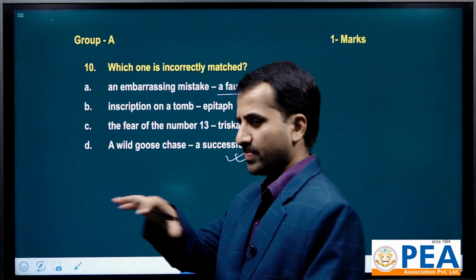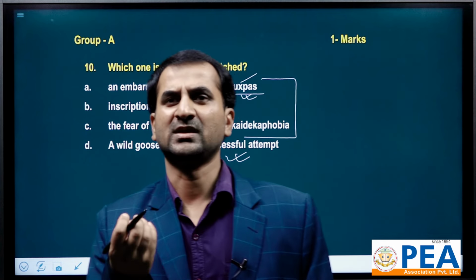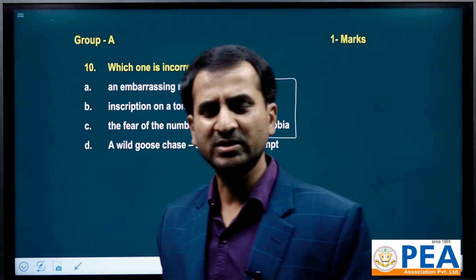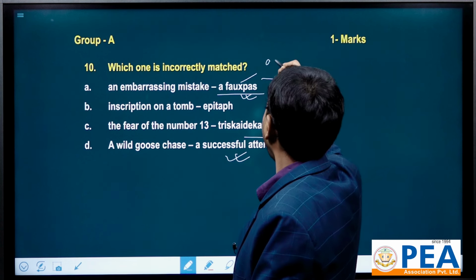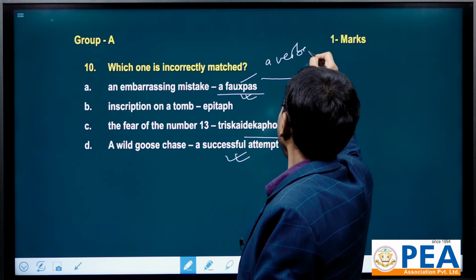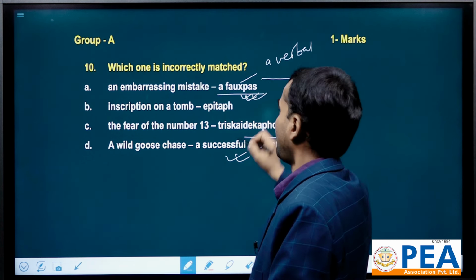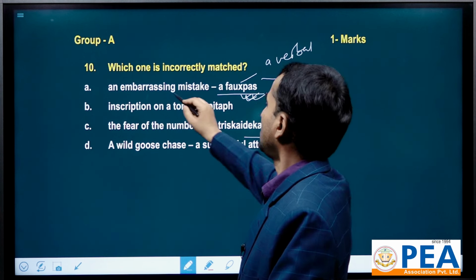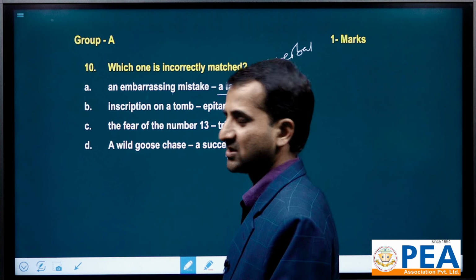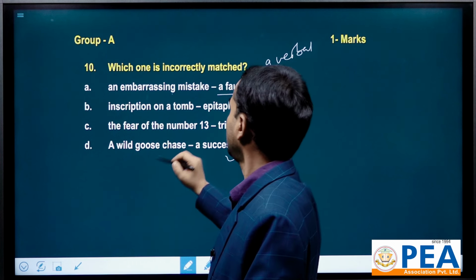Similarly, among the public you speak something abusive or taboo word, so that will be considered a verbal faux pas. He made a verbal faux pas. That causes embarrassment, a mistake that causes embarrassment. Okay. So this one is right.